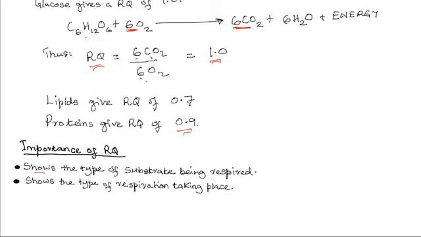The second reason why RQ is important is that it shows the type of respiration taking place. If it is anaerobic, there will be no oxygen involved, and so the value is going to be much greater than 1. So if you get an RQ that is greater than 1, then you know that that is anaerobic respiration.